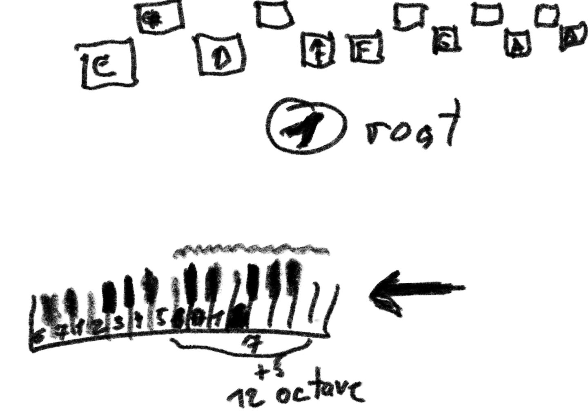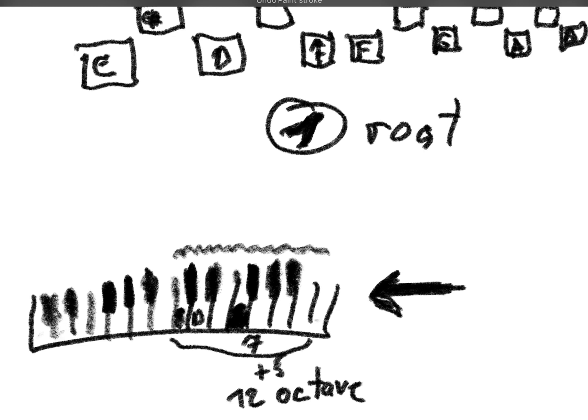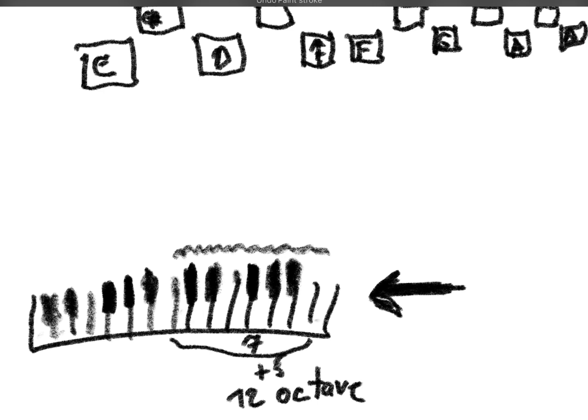So the basic principle of all music is that there are only 12 notes that are repeated many times, and every instrument has it differently. But the basic stuff always remains the same.